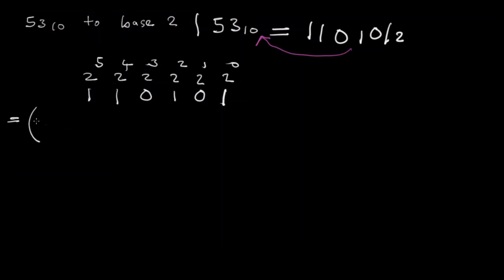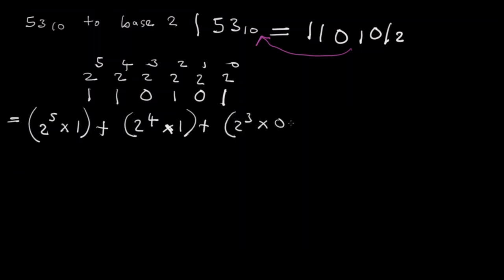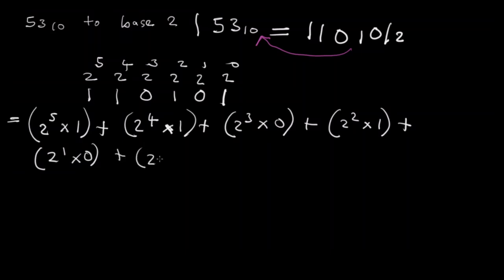So our first digit becomes 2 to the power 5 times 1 plus 2 to the power 4 times 1 plus 2 to the power 3 times 0 plus 2 squared times 1 plus 2 to the power 1 times 0 plus 2 to the power 0 times 1.